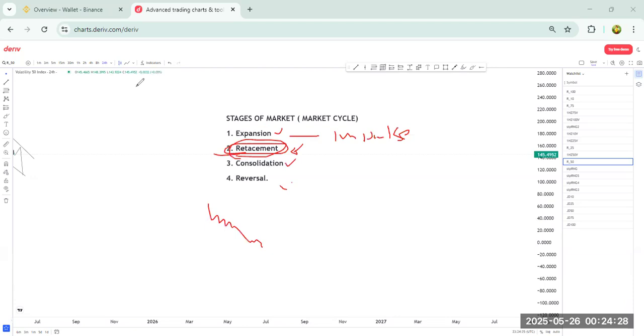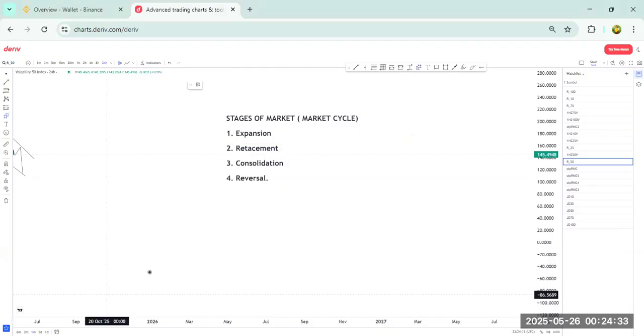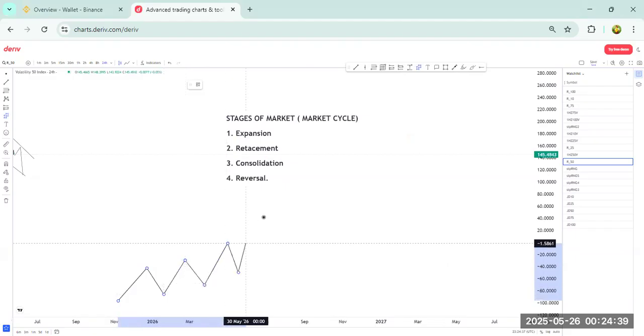So let me depict what I mean on the charts. For basic market structure, price will keep breaking the highs and forming new highs.